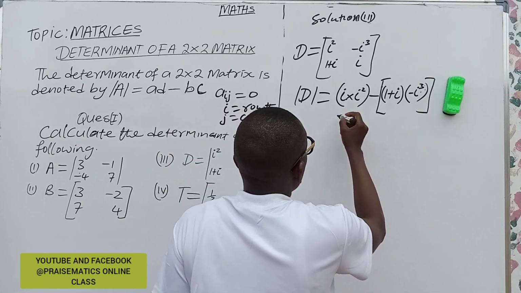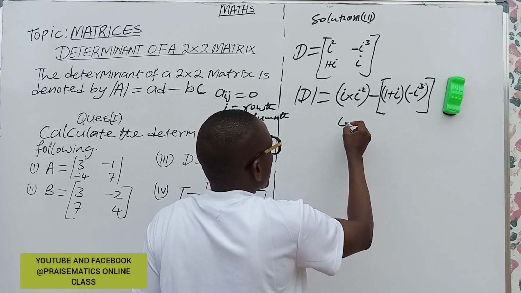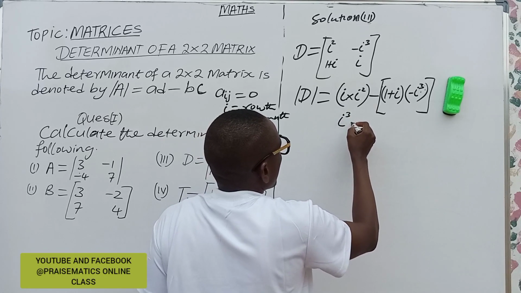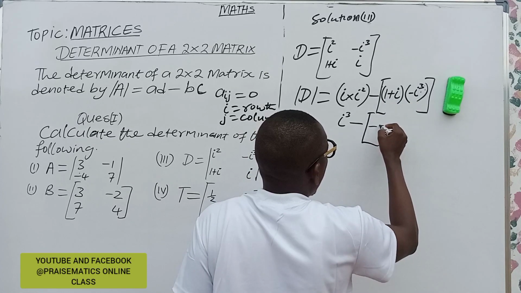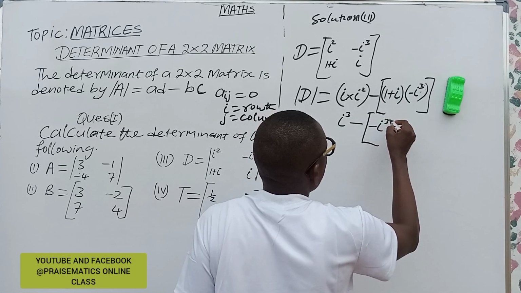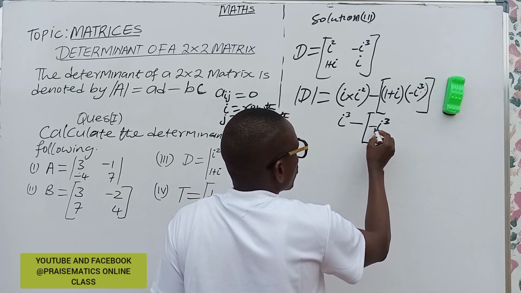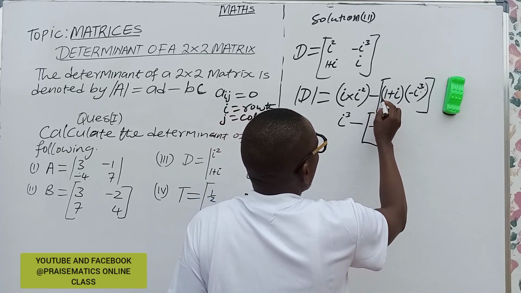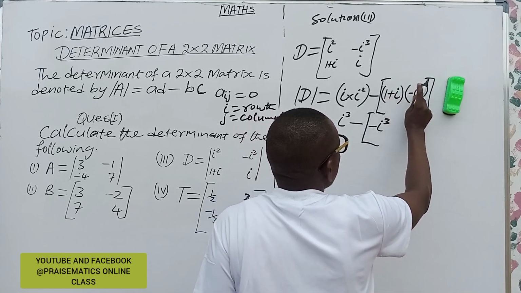Now let's go. We have i times this. By laws of indices, you add their powers. This is i raised to power 3 minus, into big bracket. 1 times this will give us i power 3. 1 times i minus i power 3 will give us minus i power 3. 1 times this is this.